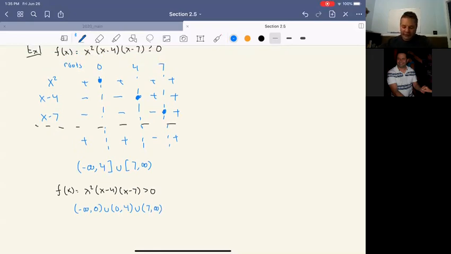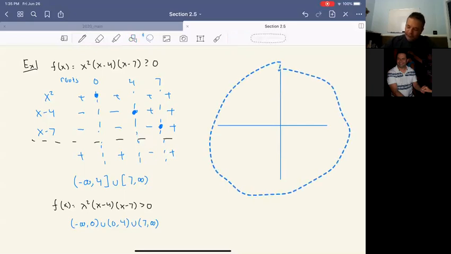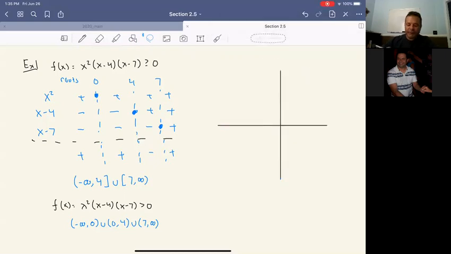Okay? Now, I'm going to just real quick show you guys how you can do this by graphing. So let me put axes on there. Okay. My zeros are at 0, 4, and 7. Now, what's my end behavior? If I look at this, this is x squared.